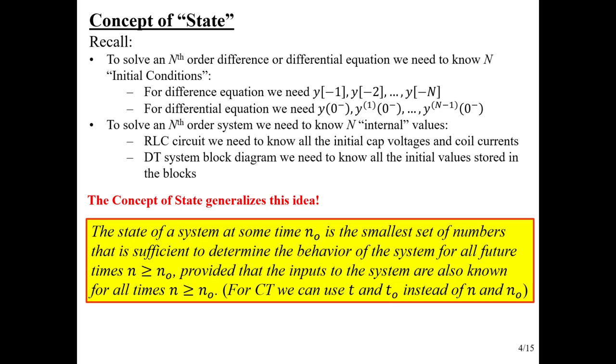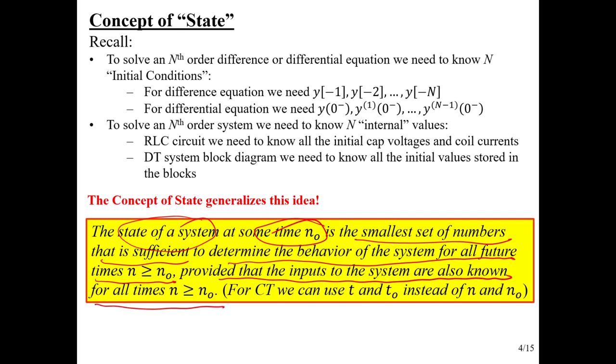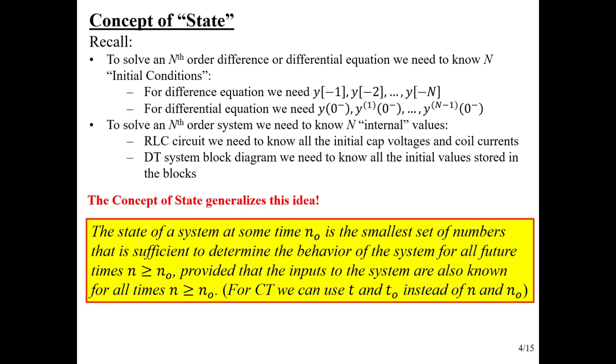The idea is that the state of a system at some time n0 is the smallest set of numbers that is sufficient to determine the behavior of the system for all future time, provided that the inputs to the system are also known for all those future times.